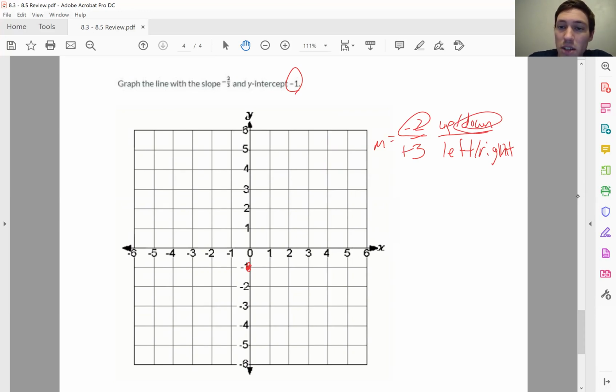It's +3, so that still means right. So from my y-intercept, which is at -1 on the y-axis, I go down 1, 2, and I go right 1, 2, 3 from that point. And I can go ahead and connect those.